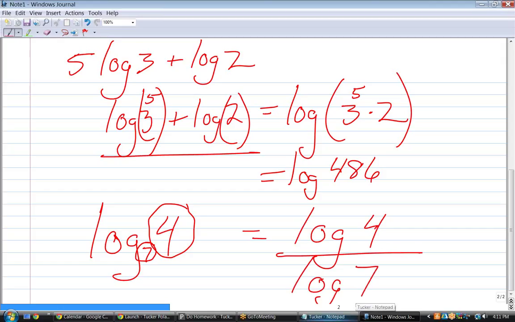Or you could say the log of the number on the right divided by the log of the number on the left. Maybe that's a better way. Now, what base? Whatever base you want.